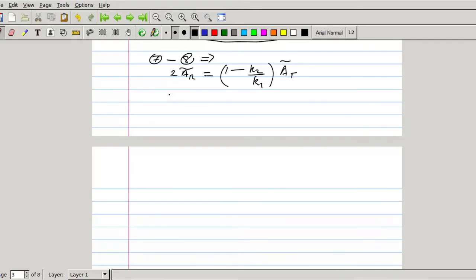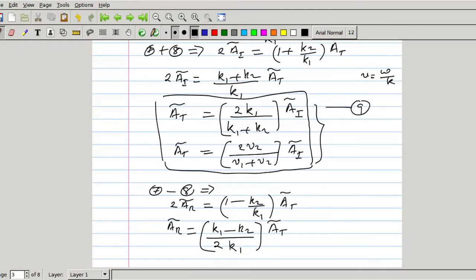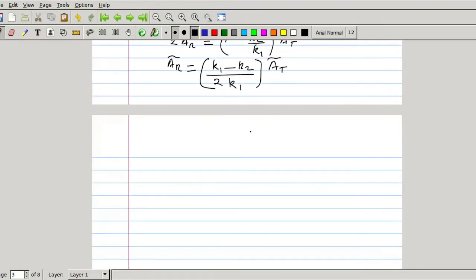So this will be AR equal to K1 minus K2 by 2K1 into A transmitted. What is A transmitted? A transmitted is 2K1 by K1 plus K2 into AI. So in terms of incident wave, we can write it as A reflected equal to K1 minus K2 by 2K1 into, what is AT?